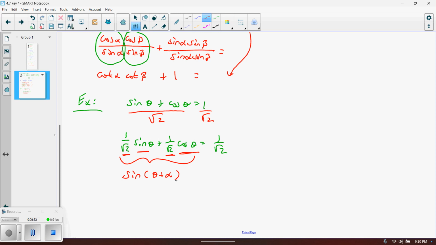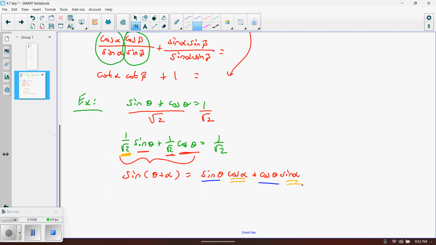So if we write this out, that would be sine of theta cosine of alpha plus cosine of theta sine of alpha. Well, I've already got the sine of theta and the cosine of theta in each one. So what that's telling me is that cosine of alpha, let's use orange, cosine of alpha has to be this 1 over square root of 2.